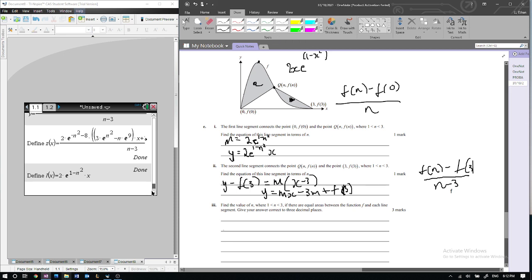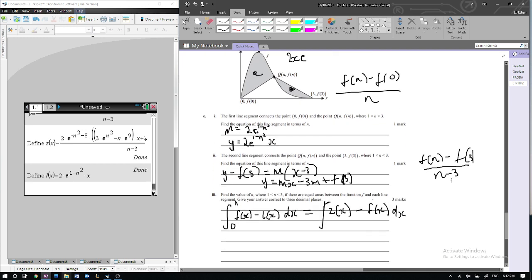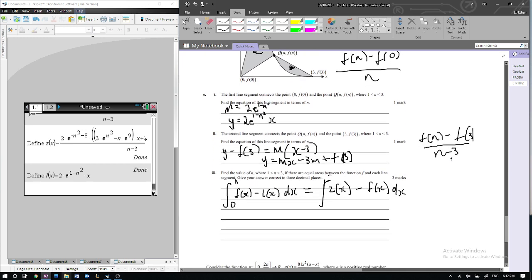That area is, the graph of f(x) is above, so f(x) minus L(x) dx, and the terminals are 0 and n, is equal to, now the line is above, z(x) minus f(x) dx, and the terminals are n and 3.